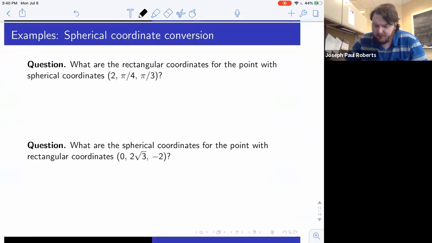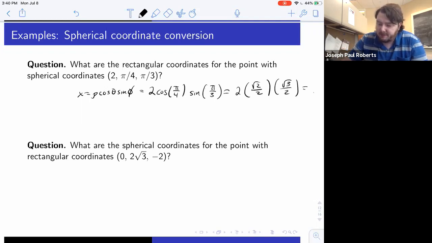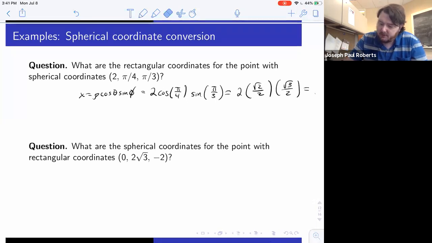So spherical coordinate conversion: what are the rectangular coordinates for the point with this? x is rho cosine theta sine phi, so 2 cosine theta sine phi. Well, cosine of pi over 4 is root 2 over 2. Sine of pi over 3 is root 3 over 2. So what is this? Root 6 over 2. Whatever that is, who cares?